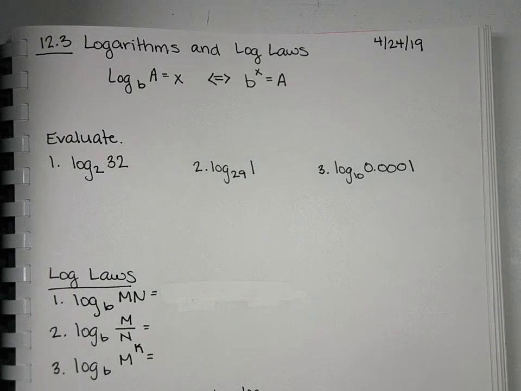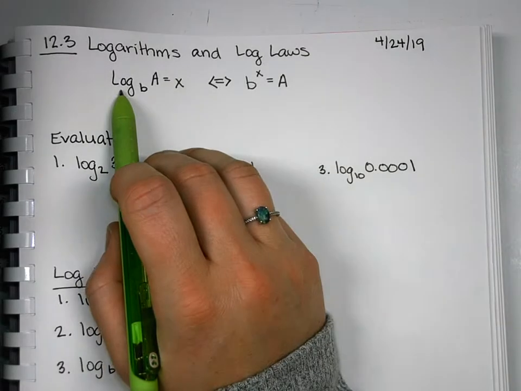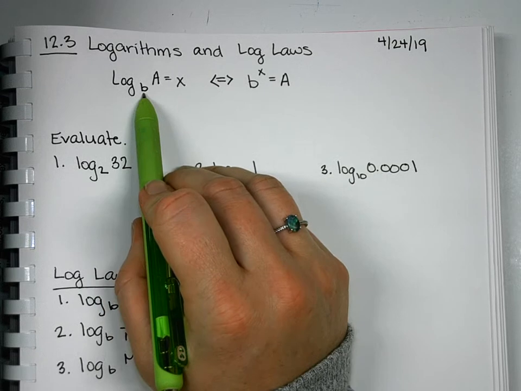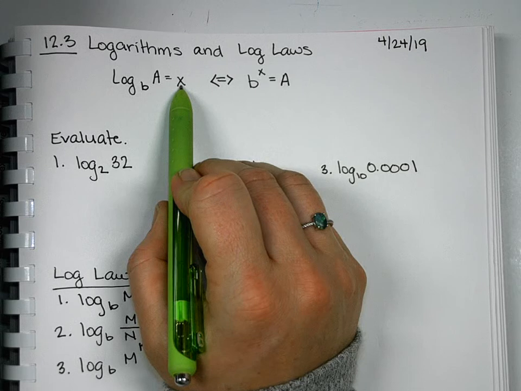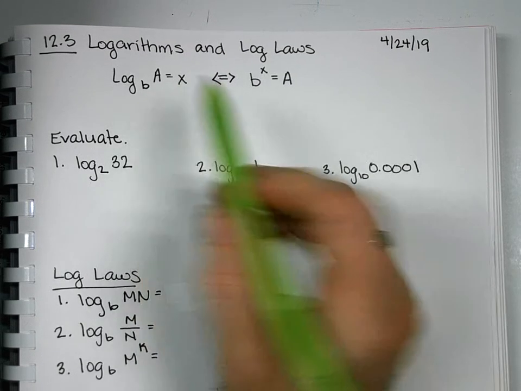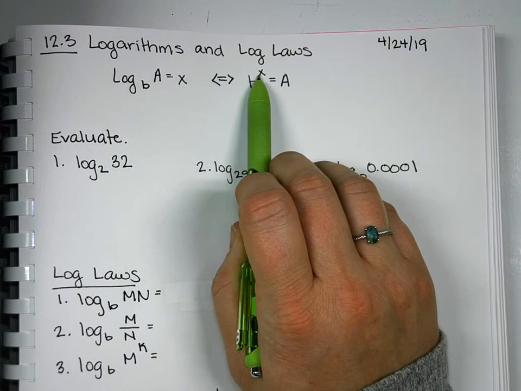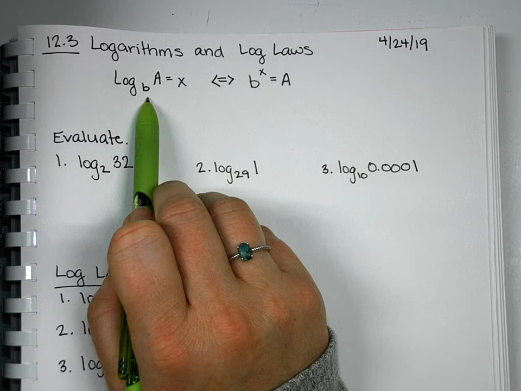So here's our basic definition of a log. Log is the function. B, that's the base of your exponent. X is your exponent, and A is what it equals. So here you have b to the power of x equals a. This would be what it would look like in log form.